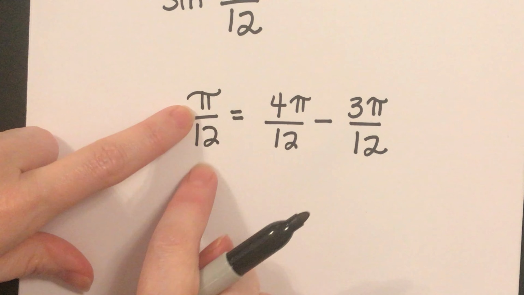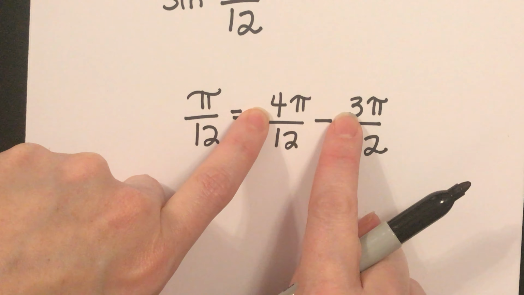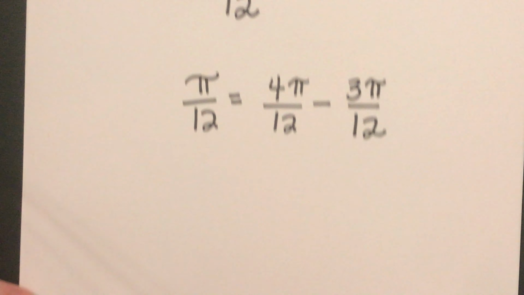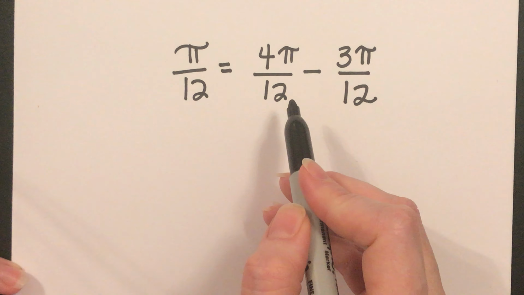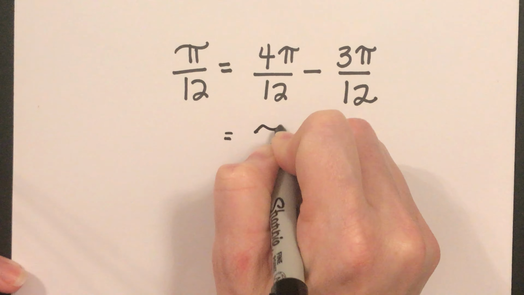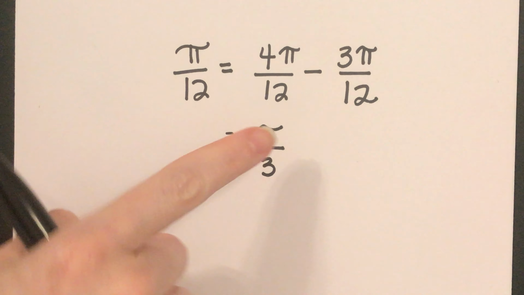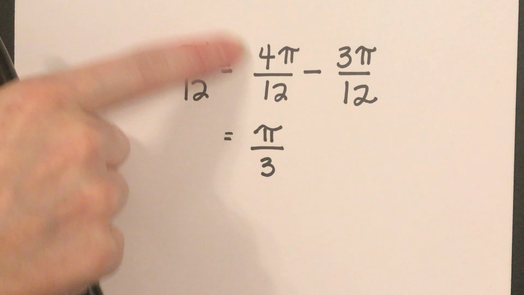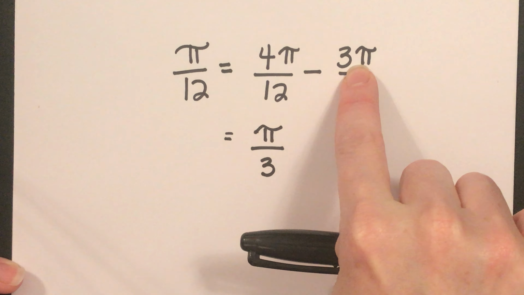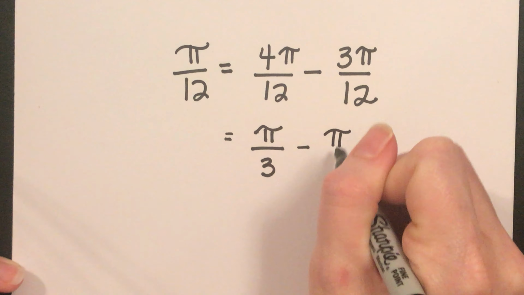So I could write 1/12 as 4/12 minus 3/12 because 4 minus 3 is 1. But 4/12 we know can be simplified into pi over 3, because if we divide the top and the bottom by 4, we get 1 over 3. 3/12 can be simplified to 1/4.